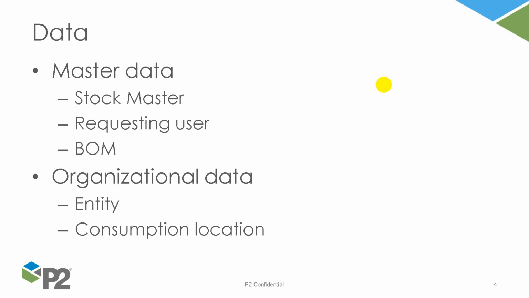So what is the data that's in use here? The stock master is required and has to exist. The requesting users have to be part of the buyer's list that is set up in the purchase documents module, and you need at least one bill of materials set up that the user is going to need.